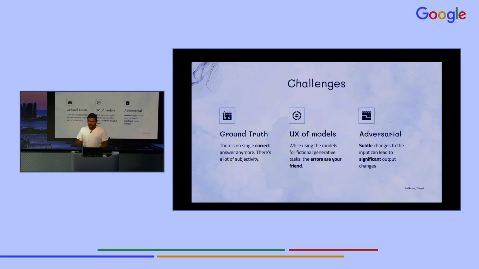Second part, the UX of the model might determine whether the accuracy is good or bad. So for example, a model that performs really well on math tasks might actually perform really badly when you're trying to use it for fantasy fiction writing, because it has zero creativity. All it knows is 1 + 1 is 2.